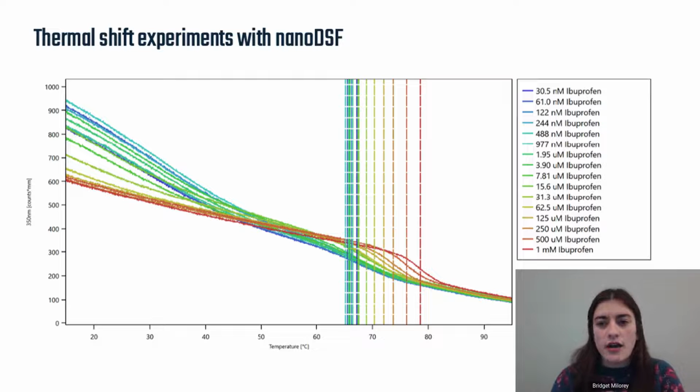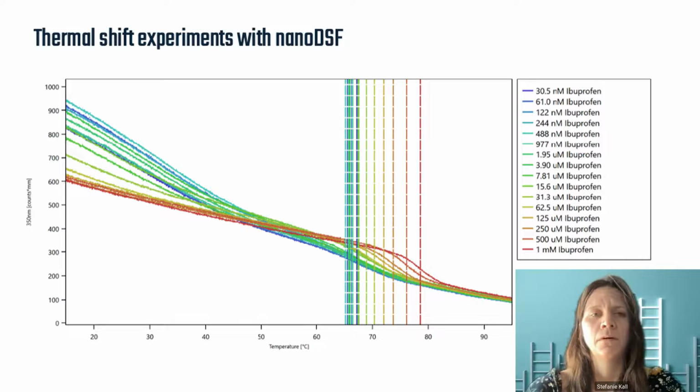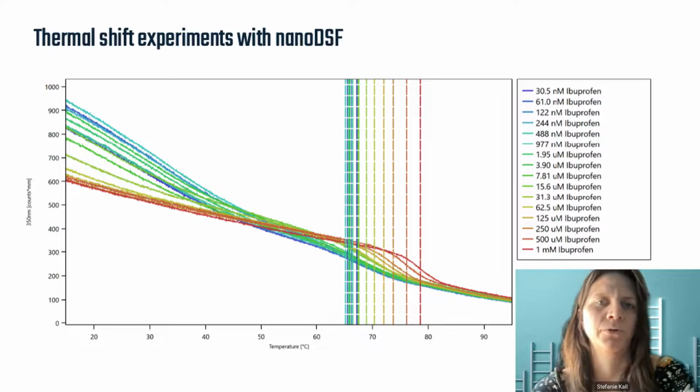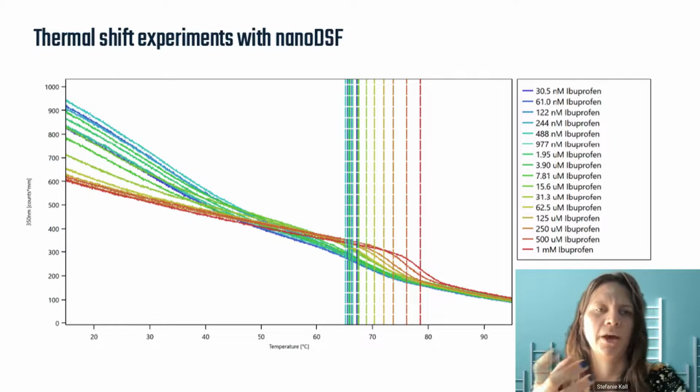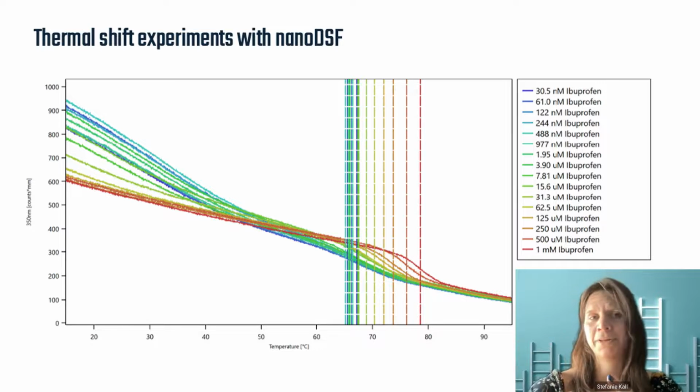That's indicating we have stabilized the BSA. And again, while the ibuprofen as a small molecule is not seen by the optics, what we can see is that stabilizing effect. Yeah, thanks. So TSAs are definitely a really cool, helpful tool to use, nanoDSF, in order to do your small molecule screening.